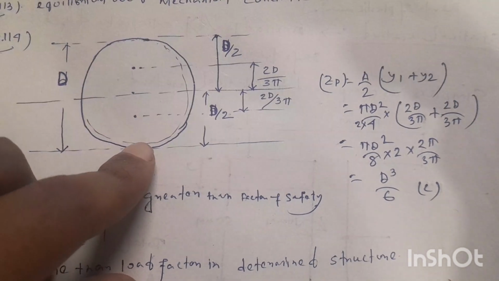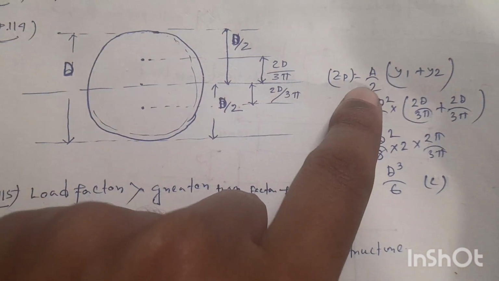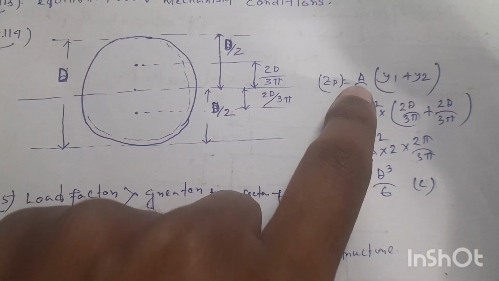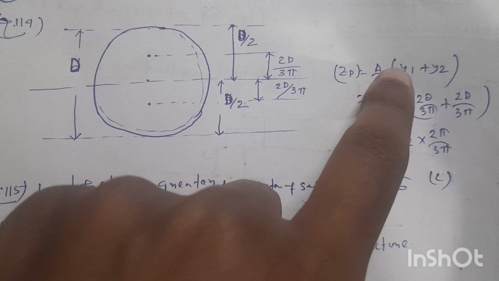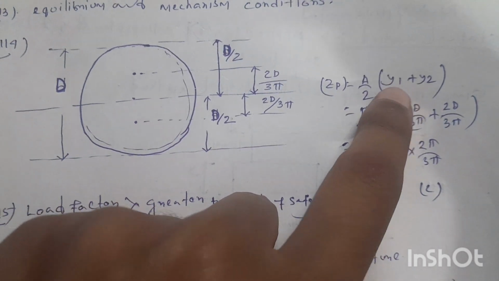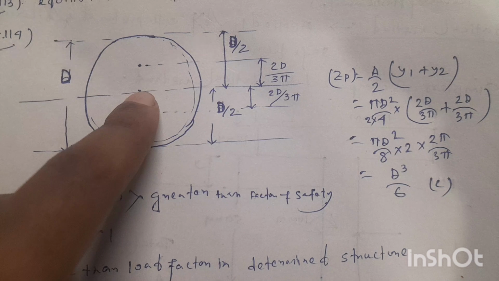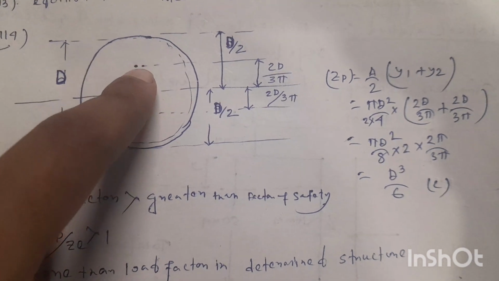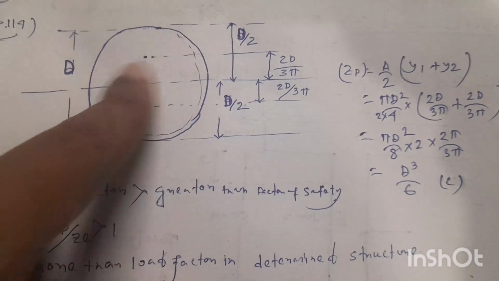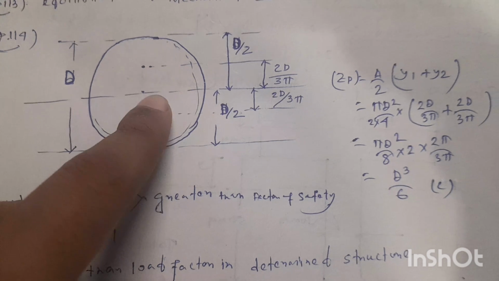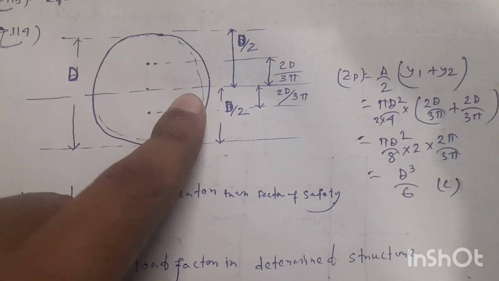So we know the formula for plastic section modulus Zp equal to A by 2 into within bracket y1 plus y2. So y1 will be the distance between neutral axis and the CG of this above portion, that is equal to 2d by 3 pi.